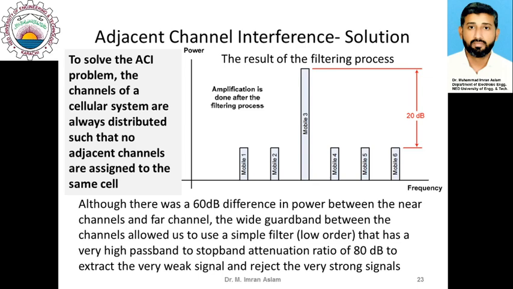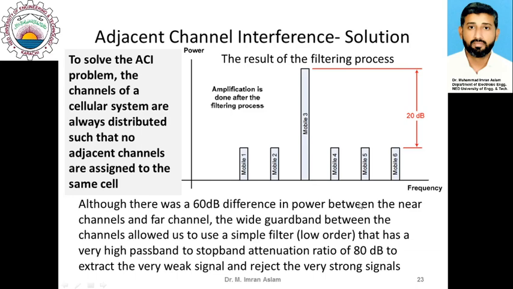So in this way we can easily extract the signal by using even a simple filter, or even a low pass low order filter, and we do not need to use multiple filters for that case.